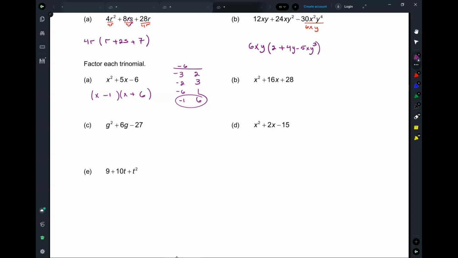Go ahead and factor B. Don't call out the answer just yet. Just factor it.